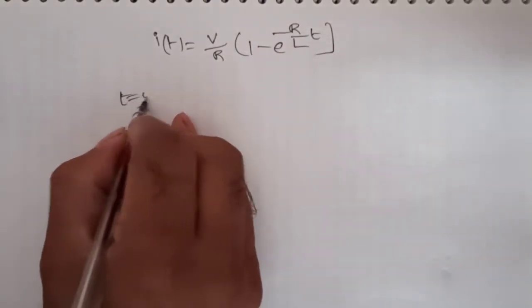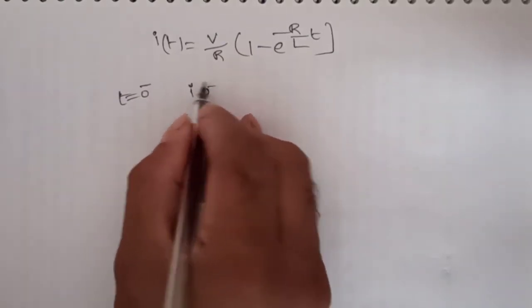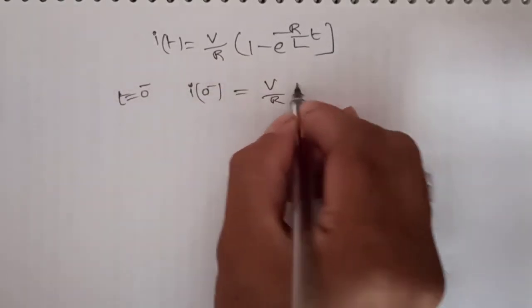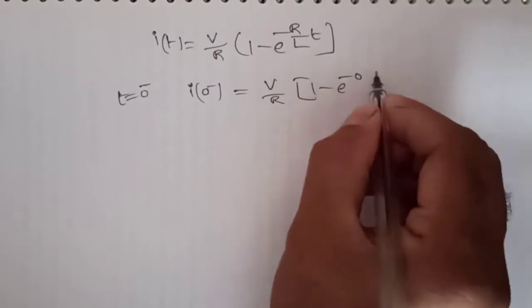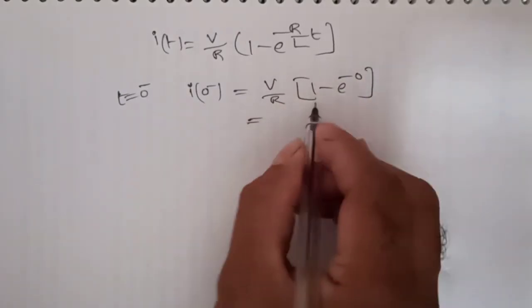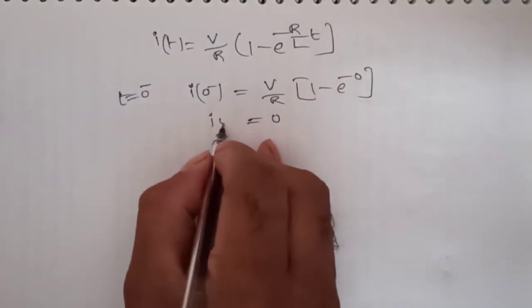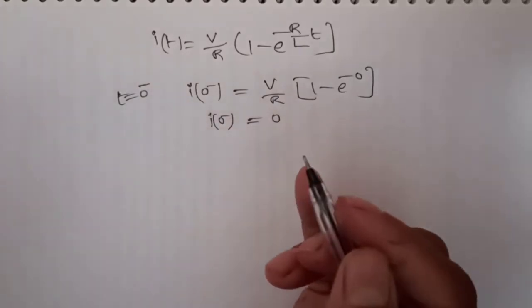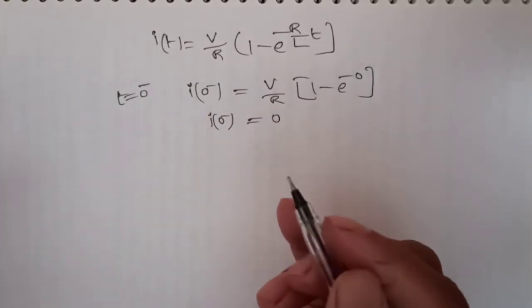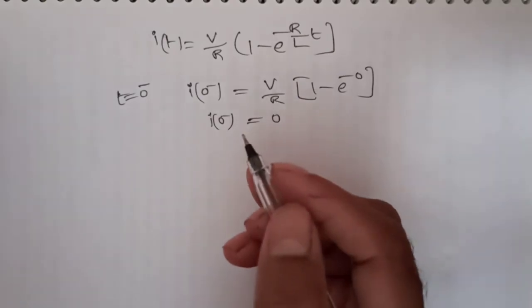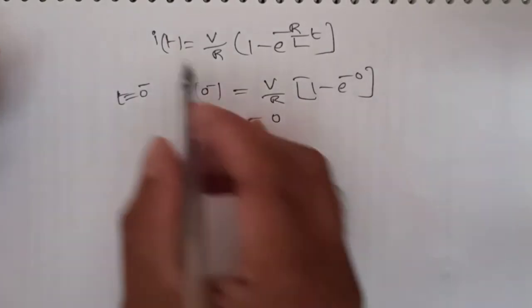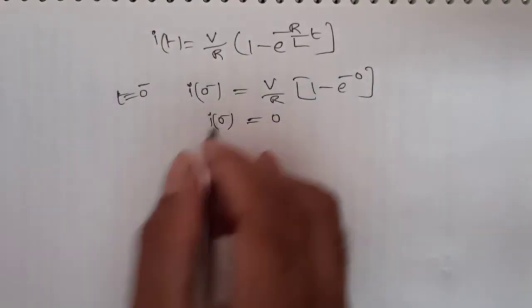Let us take t equal to 0 minus: I of 0 minus is equal to V by R into 1 minus e power minus 0. We know that e power minus 0 is 1, and 1 minus 1 is 0. So I of 0 minus is 0. So we said theoretically before closing the switch current is 0. Now we got mathematically before closing the switch current is 0.